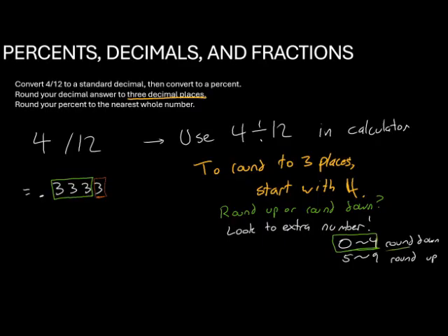This means that we will also round down for this answer. When you round down, we're going to leave the numbers inside the green box alone. That's what it means to round down. This means to write our standard decimal with 3 decimal places, we'll say 0.333. This will be our standard decimal answer.